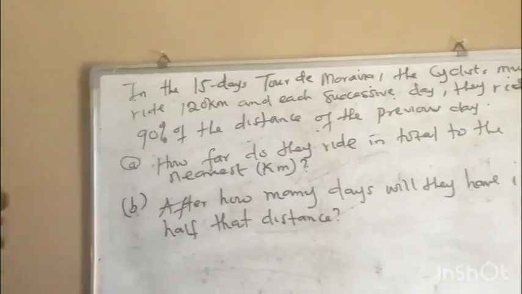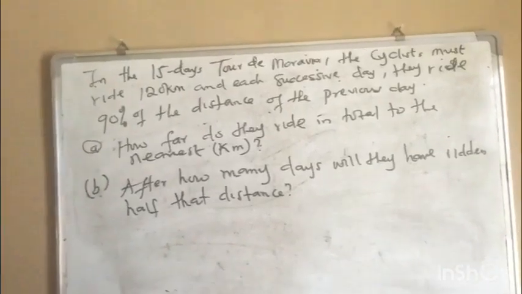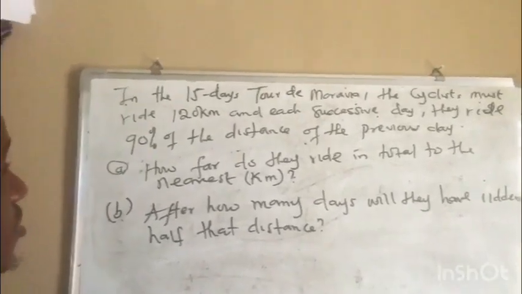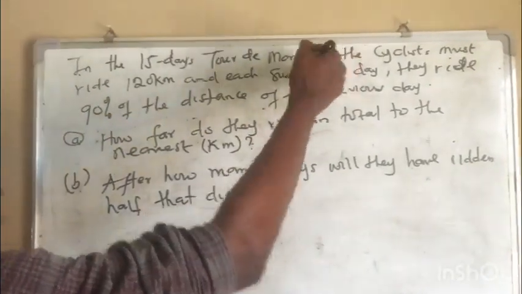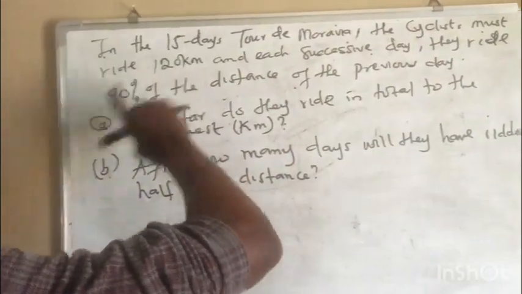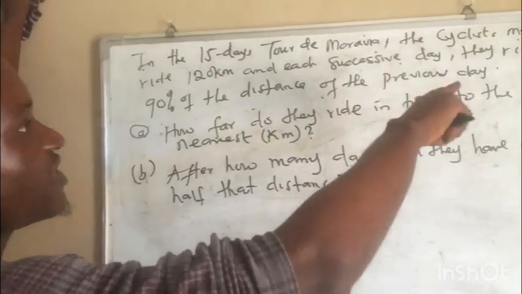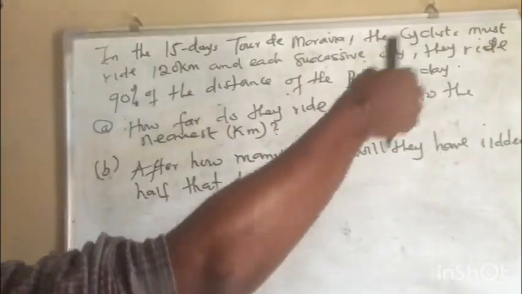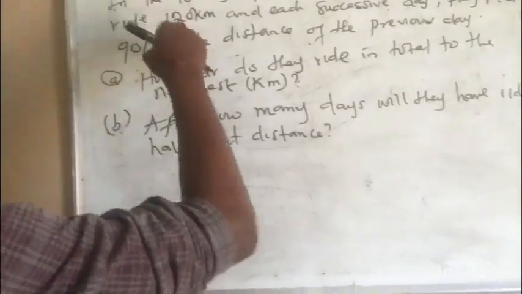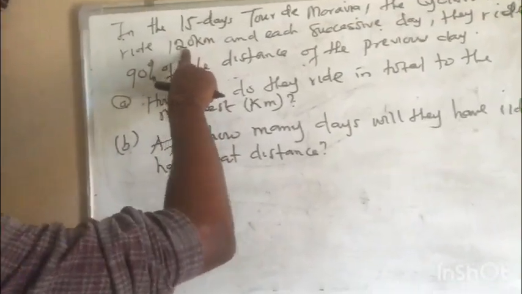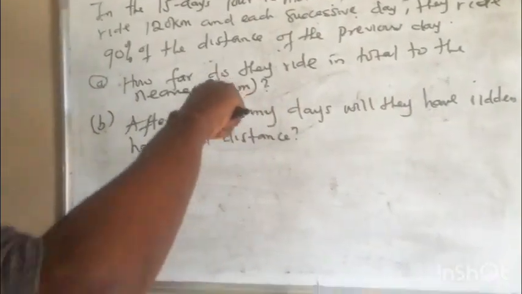Now if you look at this one critically, you see it forms a GP, a geometric progression. In a 15-day Tour de France, a cyclist must ride 120 kilometers, and each successive day they ride 90% of the previous. That means the second day the cyclist will ride 90% of 120. The third day you will ride 90% of what we get.